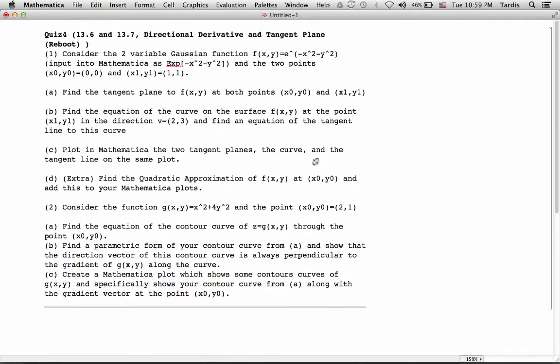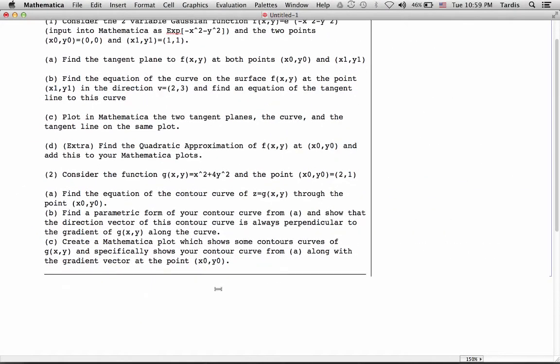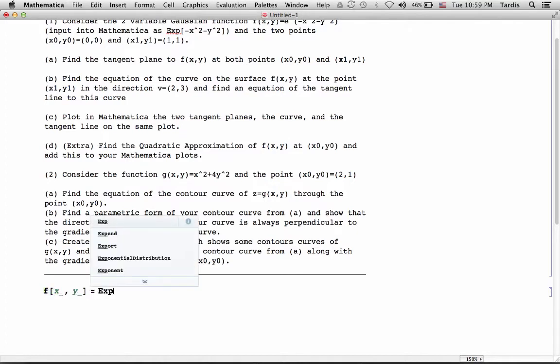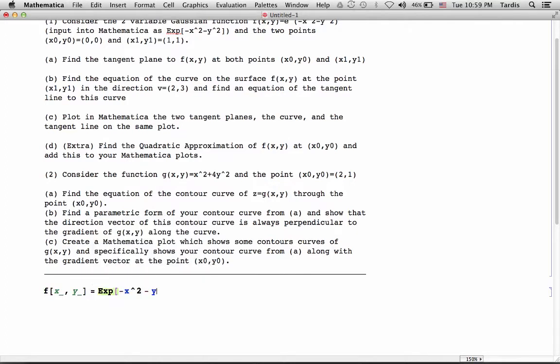Let's go over here and show quickly how to snappily compute in Mathematica the answer to this quiz. I would first make my function f of x, y equal to the exponential of negative x squared minus y squared. There's the function that we're concerned about.